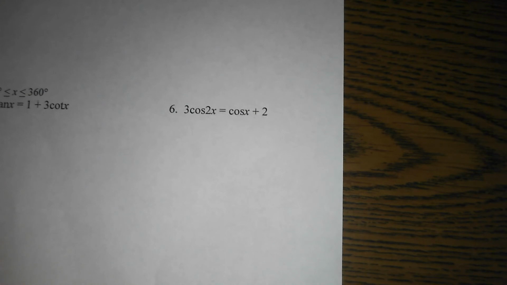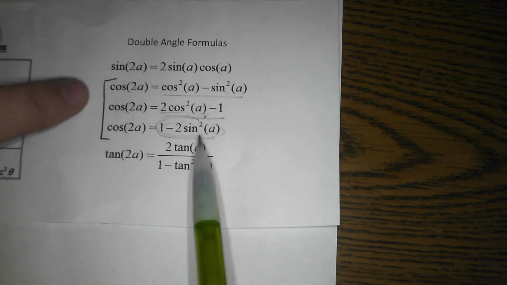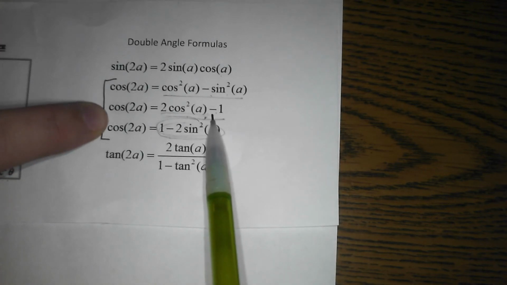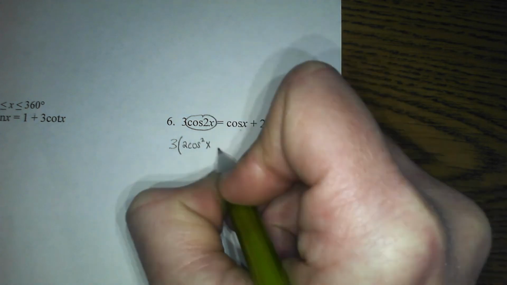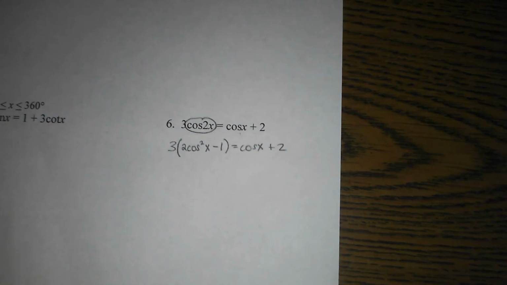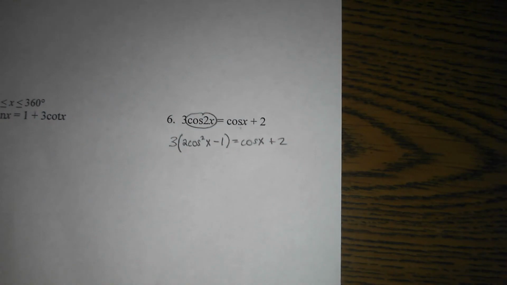You got to choose the right one, and since the rest of the formula is written in cosines, I would choose this one, right? Because that's keeping it in cosines. So I'm keeping the 3 there. I'm replacing this with 2 cosine squared of x minus 1. So Maddie, you weren't wrong. We will eventually subtract that over.